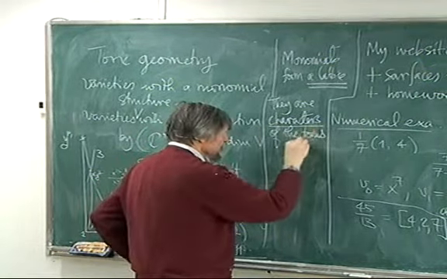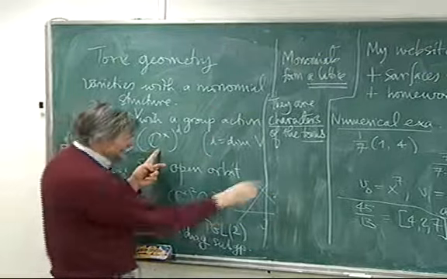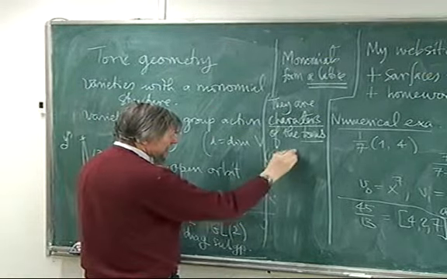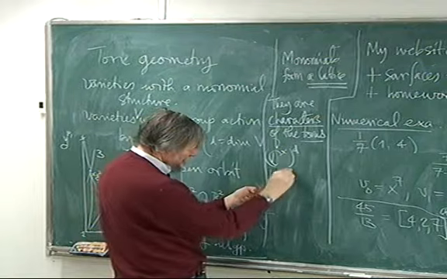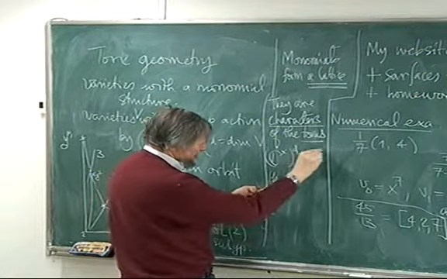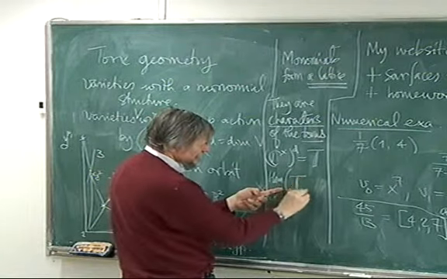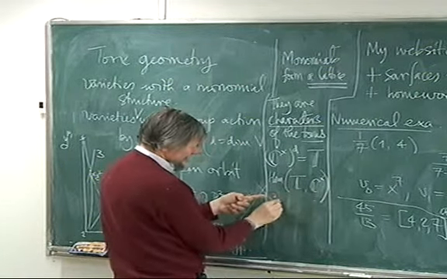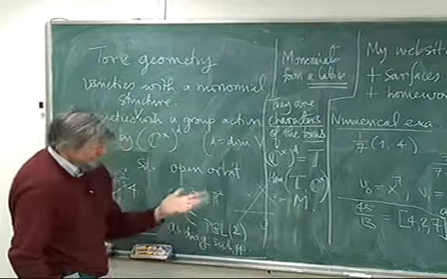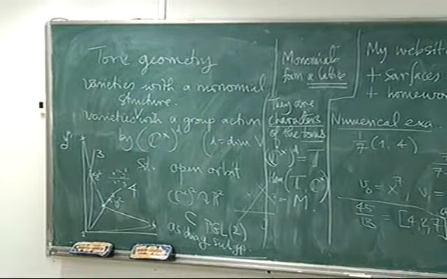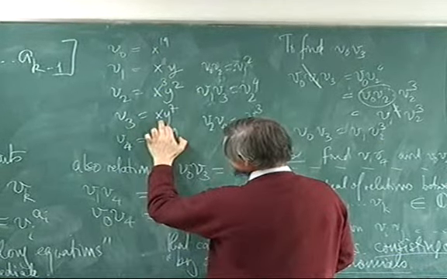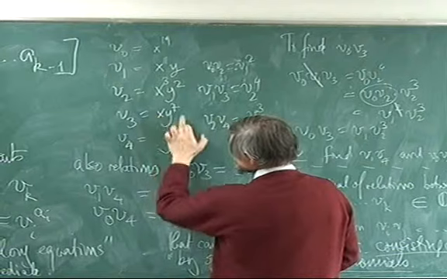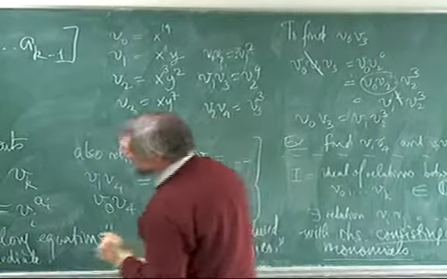I have this torus, C star to the power of D. I can take homomorphisms of algebraic groups from this, which is going to be called big T, to C star, and this is M. So the monomials I've been talking about: if I go back to the original xy plane and multiply x by lambda 1 and y by lambda 2, then xy is a character of that action.